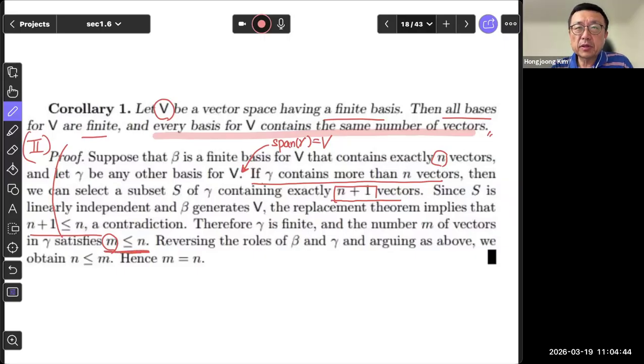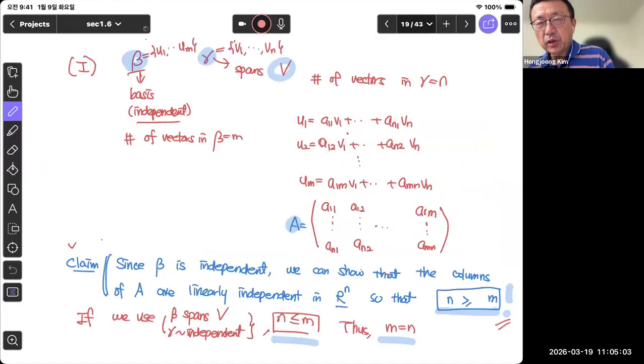And then reversing the roles of these two bases, we get the other direction of the inequality. And then you can combine these two inequalities to show that m and n are equal. So we can use the replacement theorem as in the textbook, or you can use my approach. But in that case, you need to make sure that this claim is correct. Then you can use my proof.